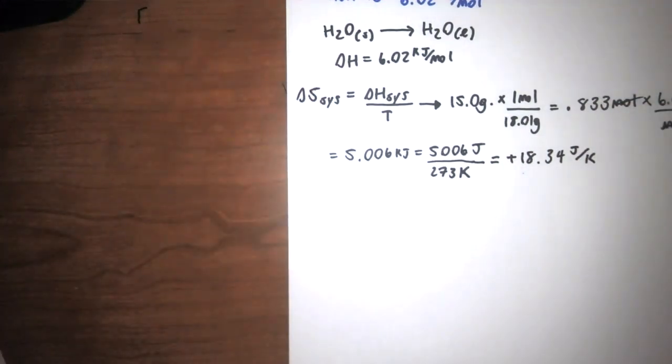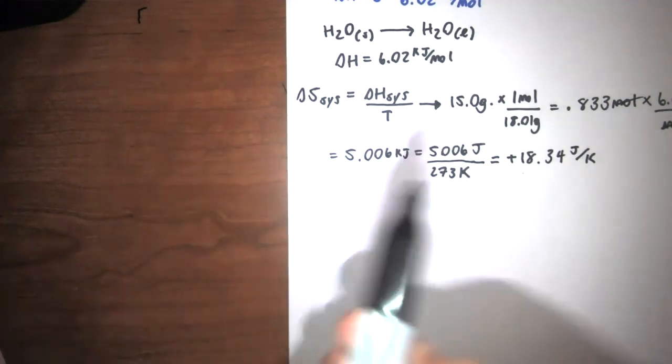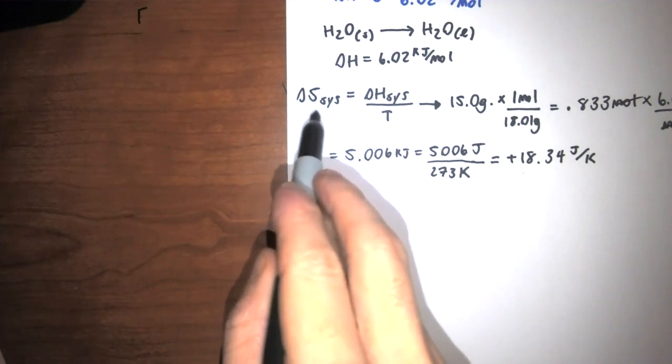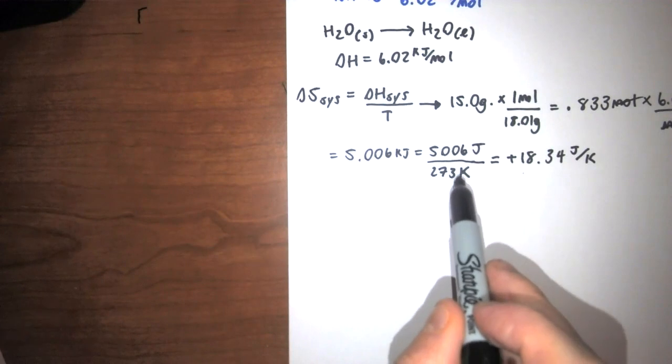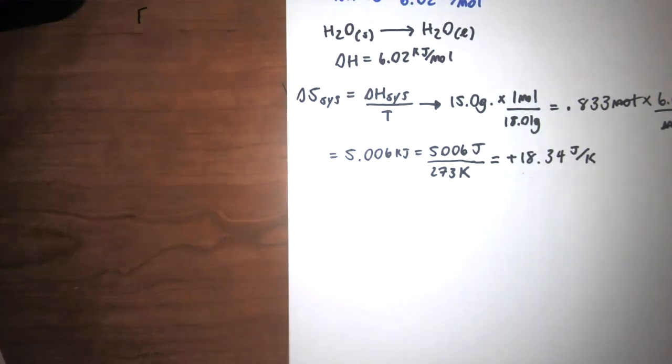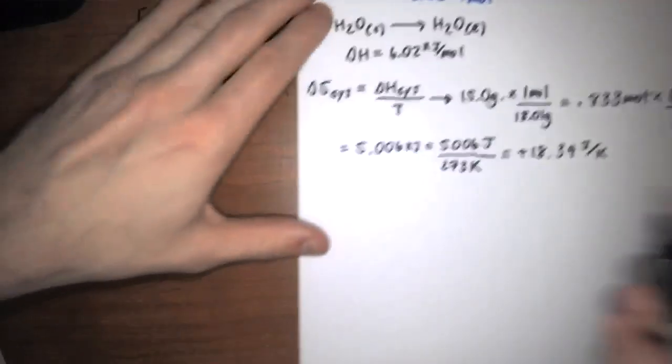Entropy values have units of joules or kilojoules per degree Kelvin. So the delta S, the change in entropy of our system, the ice at 0 degrees Celsius or 273 Kelvin, is 18.34 joules per Kelvin. Great. So now we have half the problem done.